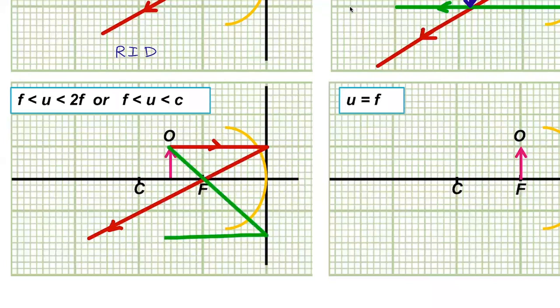So you can see the position of the image is here. Then this one is real, inverted, and magnified. Bigger.